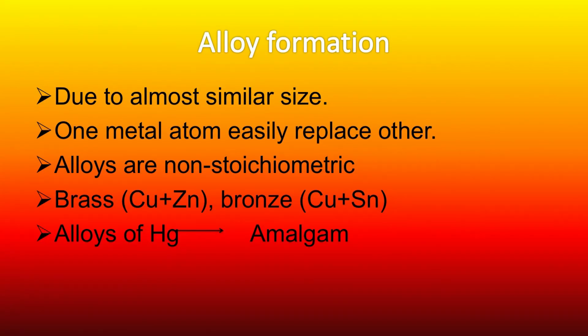It is another unique property, because the transition metals do not differ much from each other in size; they have almost similar size. That is why if you melt one transition metal and melt another, mix them together and freeze them, they will make an alloy.